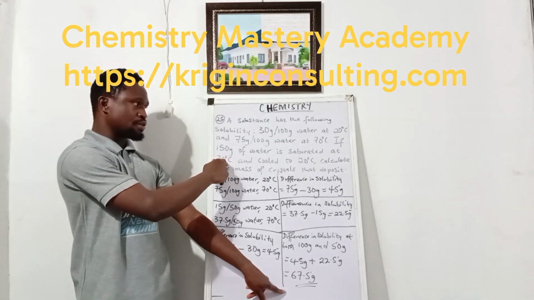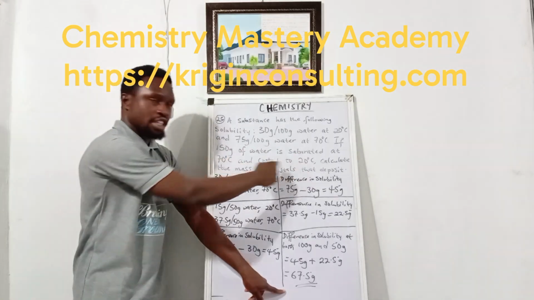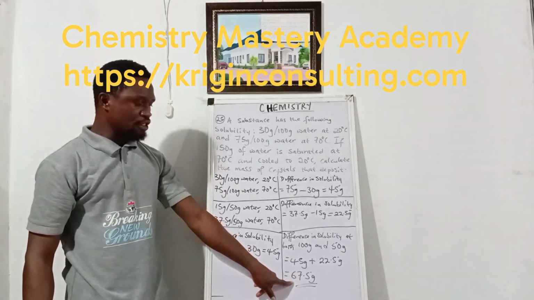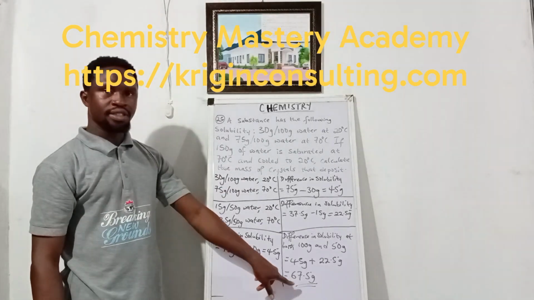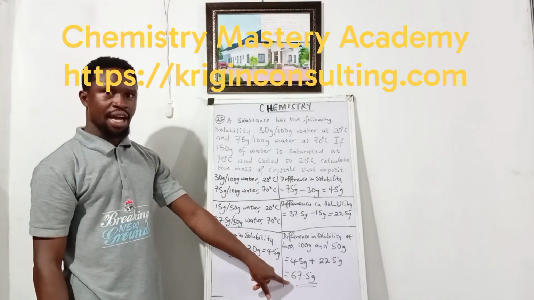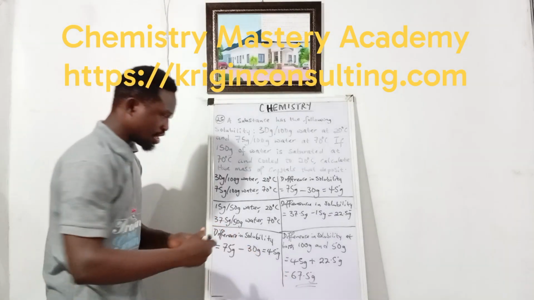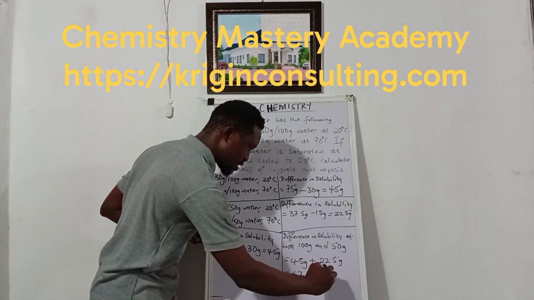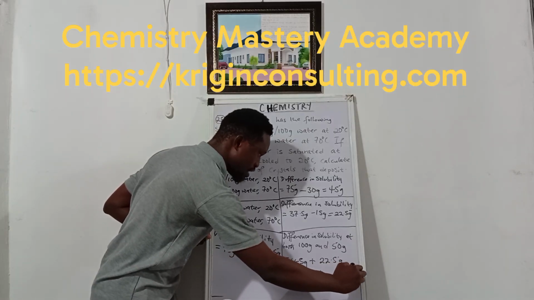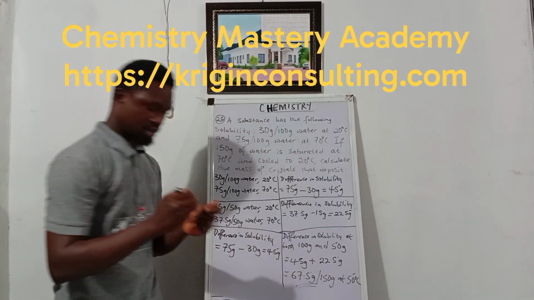Because it was cooled from 70 degrees Celsius to 20 degrees Celsius. What's the difference between the two temperatures? 50. So 67.5 grams will dissolve, or will be what? Deposited at a temperature of what? 50 degrees Celsius. So we have this for 150 grams at 50 degrees Celsius.